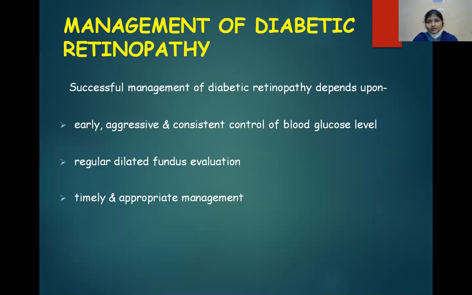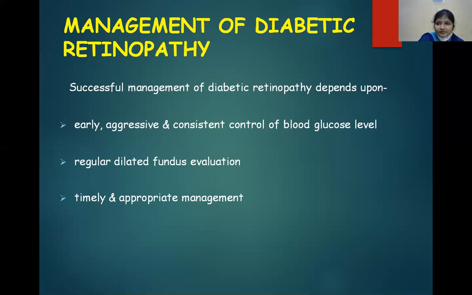So until now, a patient has come to you with vision loss, and you have assessed that he is having diabetic retinopathy. So now what do we have to do with such a patient? We have to successfully manage diabetic retinopathy by doing early, aggressive, and consistent control of the blood glucose level.